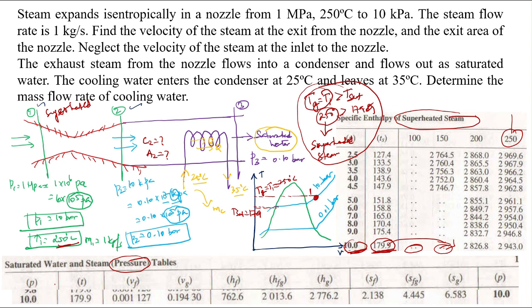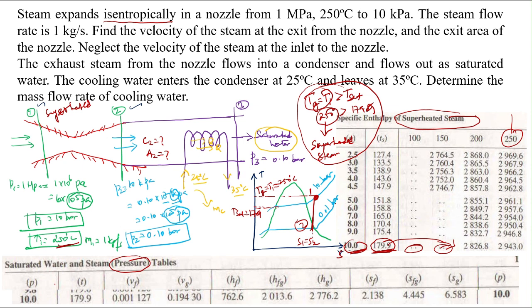What about the condition at point 2? Whether point 2 is saturated or wet steam. The nozzle expands the steam isentropically, as given in the problem, so the line is a straight line. This is point number 2. In the TS diagram we consider S1 equal to S2.